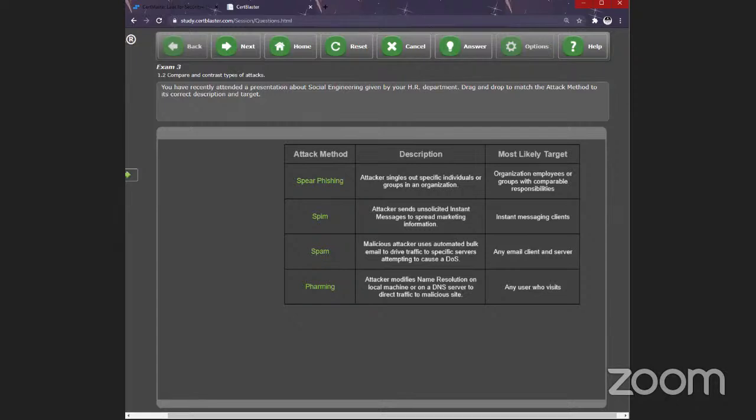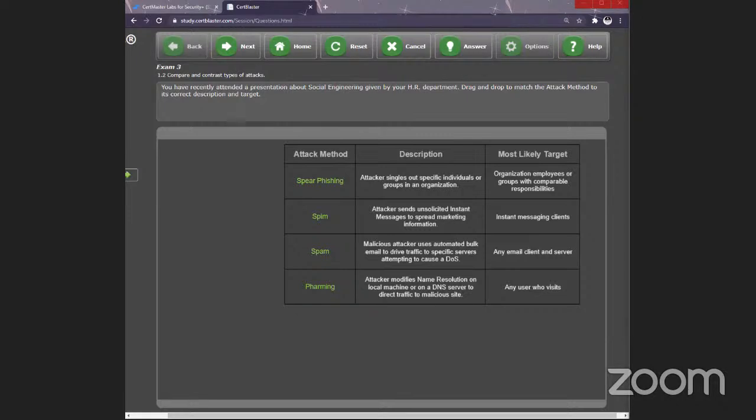Well, okay, so spam and spam are the same thing, except one focuses on instant messaging services, or attackers hacking into your instant messaging and sending you messages through there.